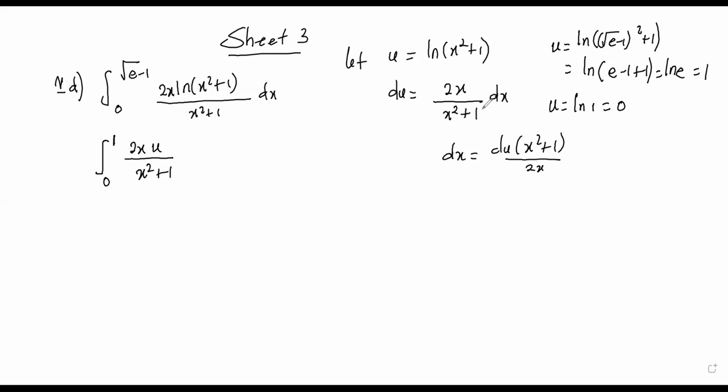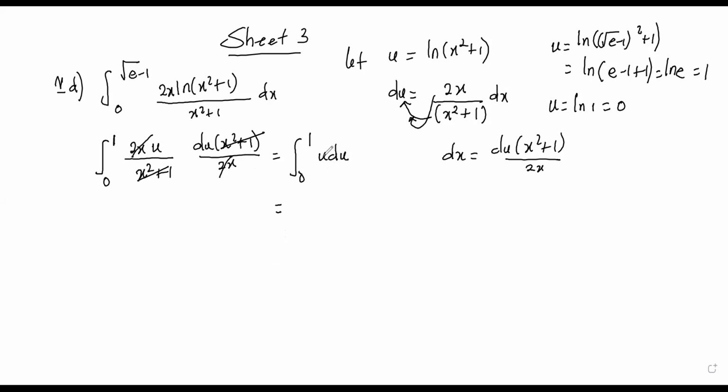So this here, when we cross multiply and then divide by 2x, we put it where there's dx. So we have du x squared plus 1 over 2x. So this piece and that piece cancel, this one and that one cancel. So what do we get? We get from 0 to 1 u du.